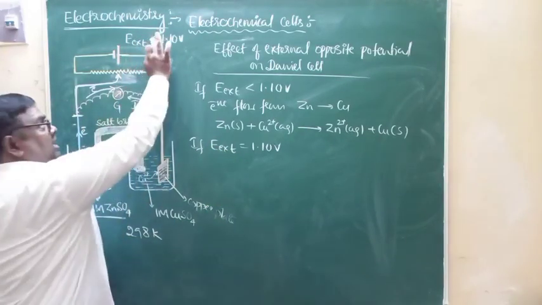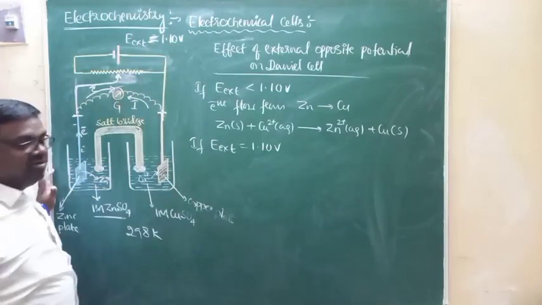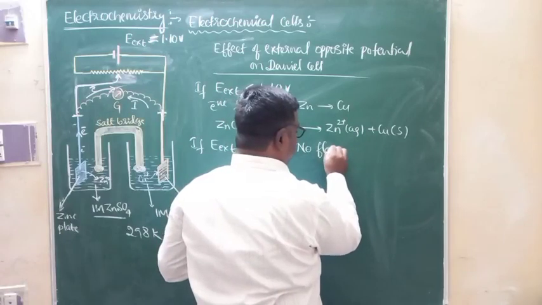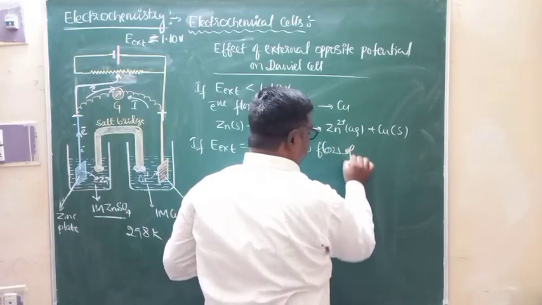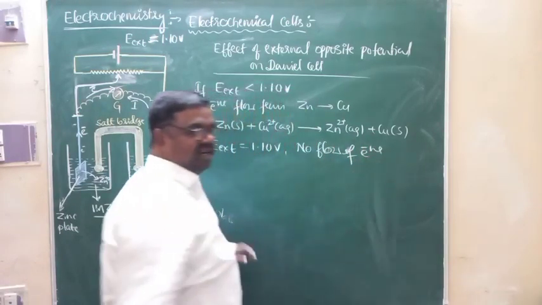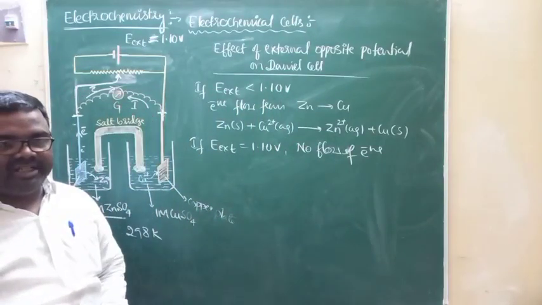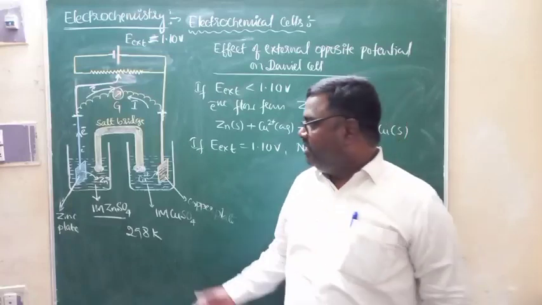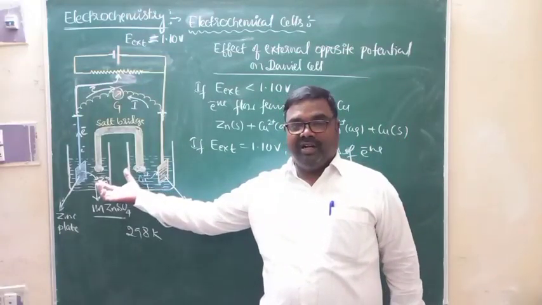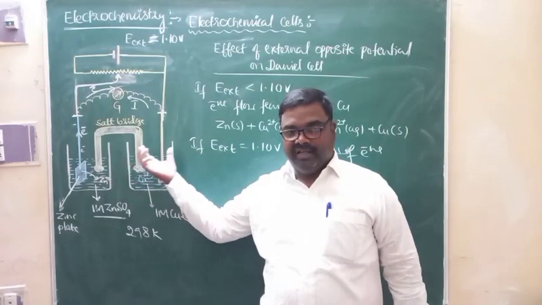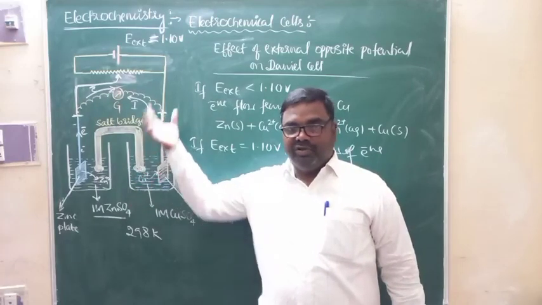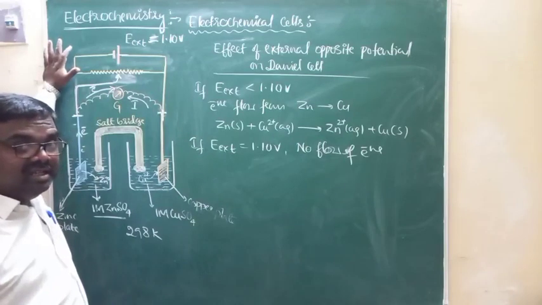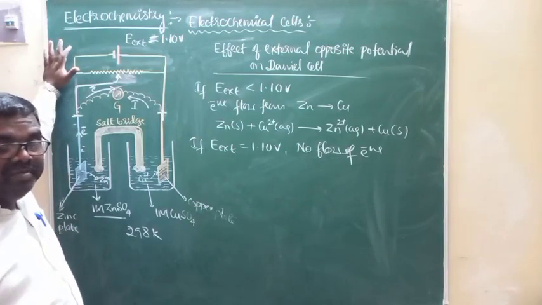Now what has happened? Now the external opposite potential is equal to 1.10, so there is no flow of electrons, and of course no chemical reaction takes place, no conversion of chemical energy to electrical energy, because the cell potential developed by the Daniell cell is opposed by the external opposite potential, which is equal in magnitude but opposite in direction.